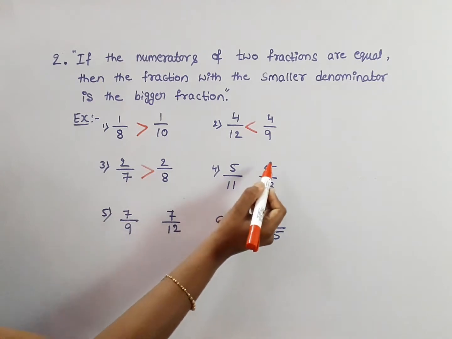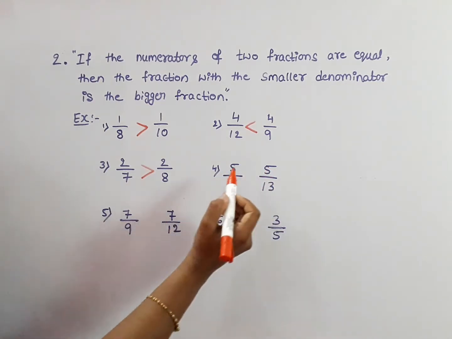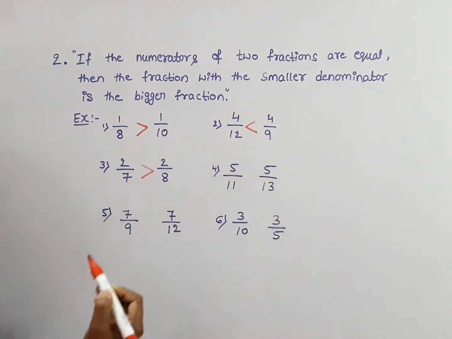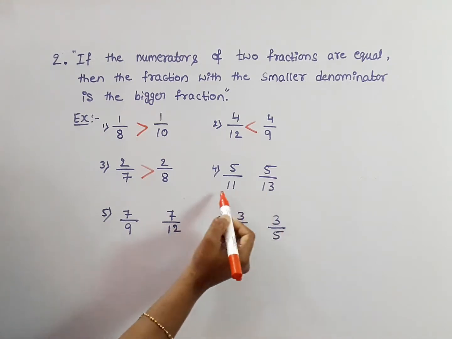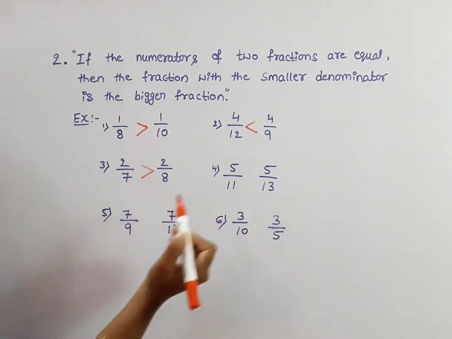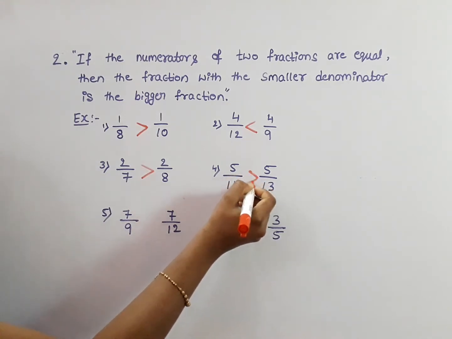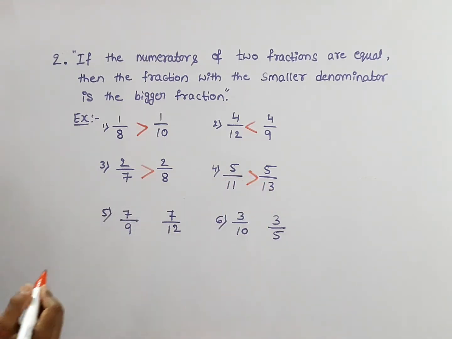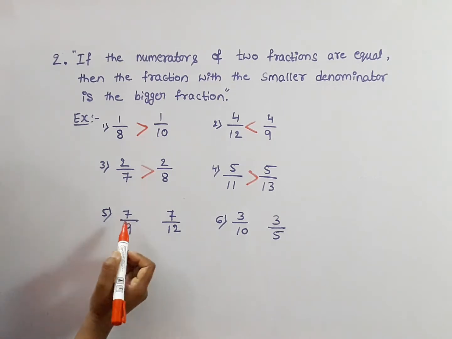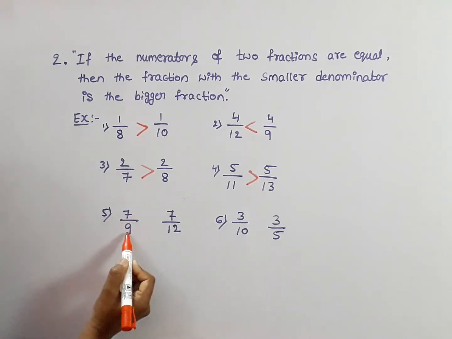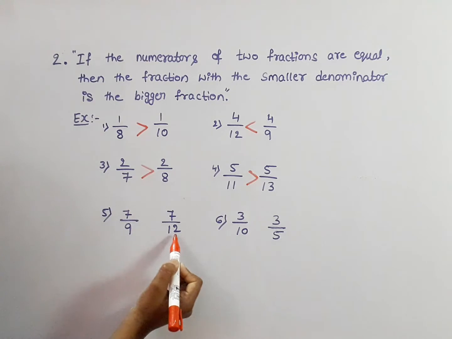Next, 5 by 11 and 5 by 13. Here also numerators are equal, and compare the denominators 11 and 13. 11 is smaller than 13. So 5 by 11 is bigger fraction. Next, 7 by 9 and 7 by 12.